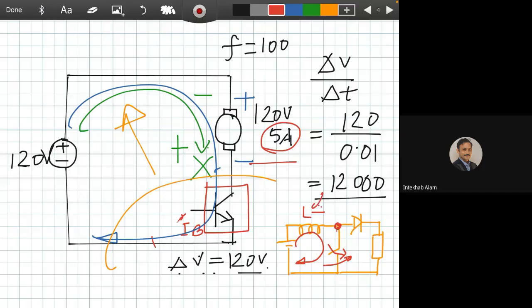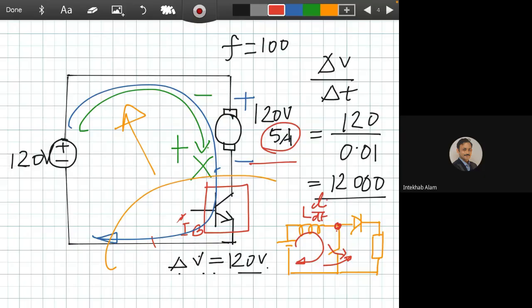Can you recall this equation? Rakibul Islam, can you recall this equation, the boost converter? You can't recall this equation or this diagram? Sir, I forgot. Exactly.